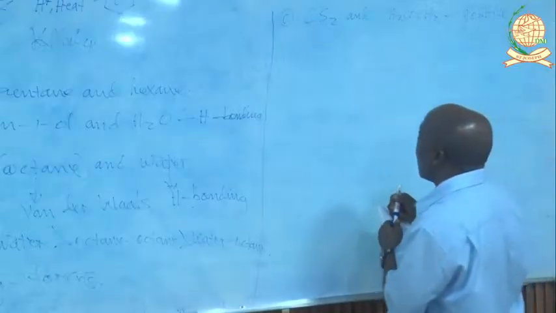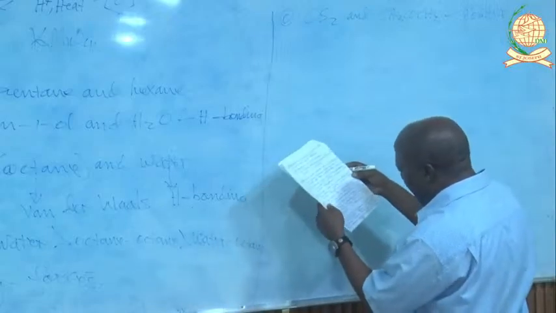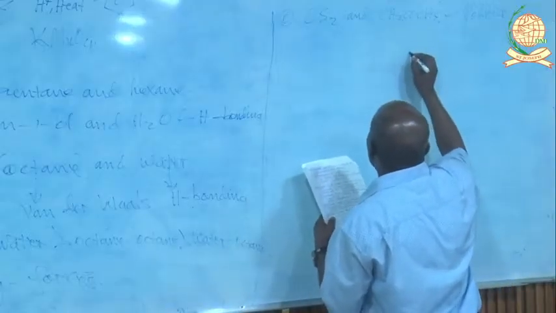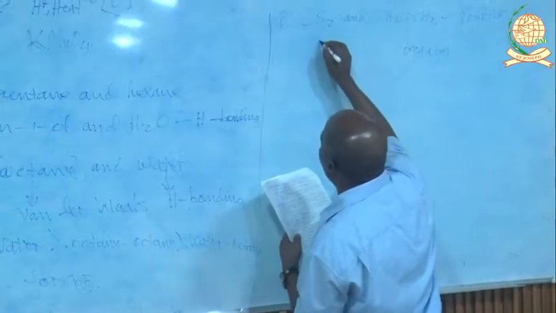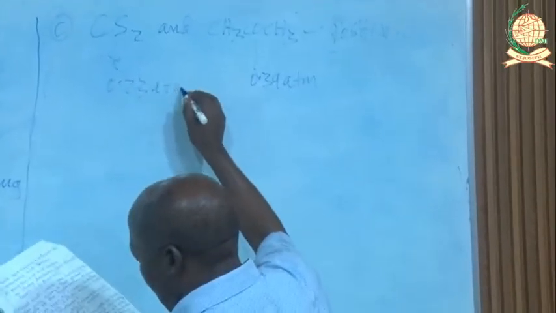So the vapor pressure of acetone is 0.39 atmosphere, and the vapor pressure of carbon disulfide is 0.23 atmosphere.